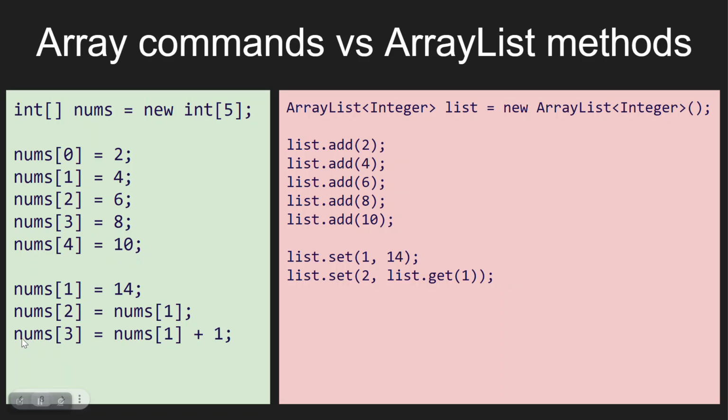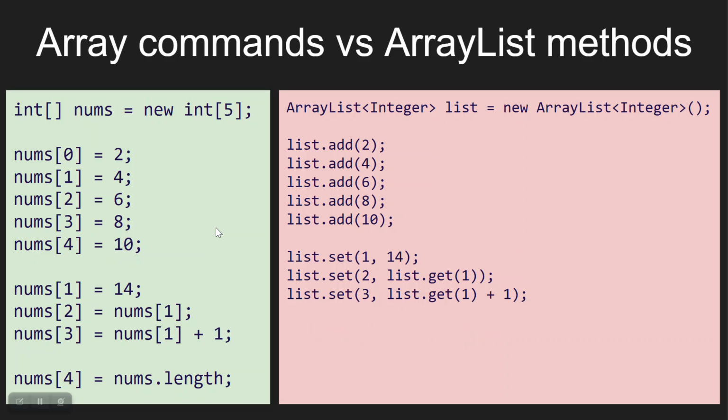And then finally, nums at index 3 is equal to whatever is at nums at index 1 plus 1. So we're changing index 3 to be whatever's at 1, and then we're adding 1 to it. So again, we would use our list.set method. And now we're setting index 3 to be list.get(1) plus 1. So this is the array list equivalent of doing that same thing here.